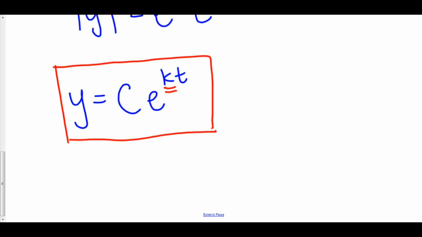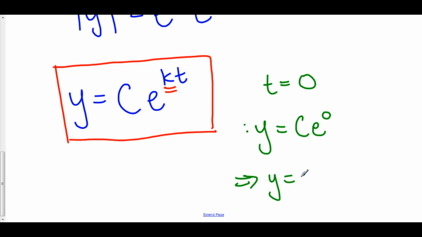To do that, let's plug 0 into t. So when t is equal to 0, here we have y is equal to ce to the k times 0. No matter what k is, k times 0 is always going to be 0, and e to the 0 is 1, so that means that y is equal to c.